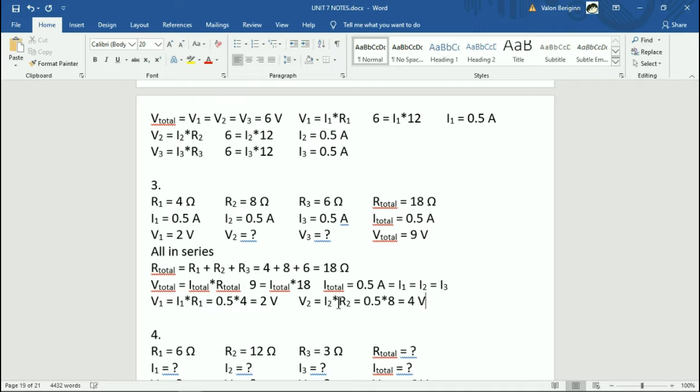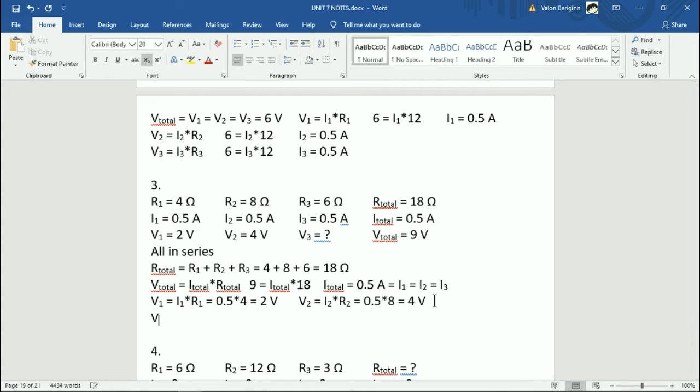It's going to be 4 volts. And V3 equals I3 times R3 equals 0.5 times 6, which equals 3 volts. And remember, also, if they're in series, the voltages should add.